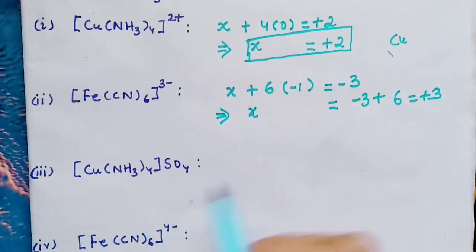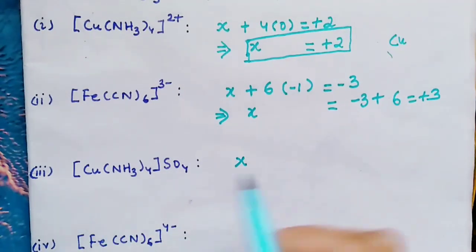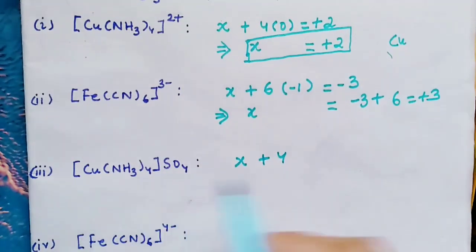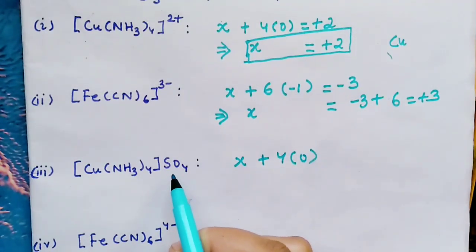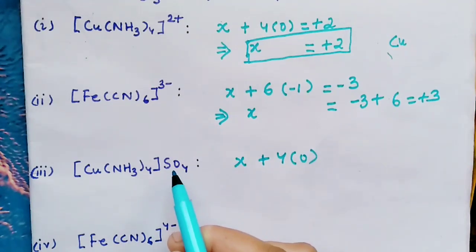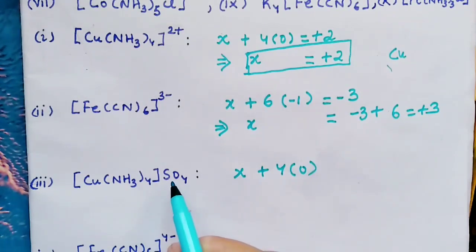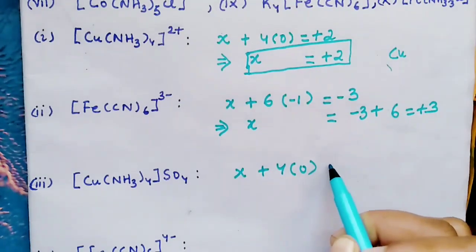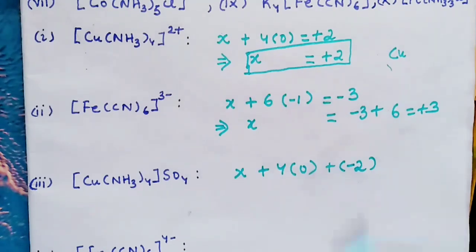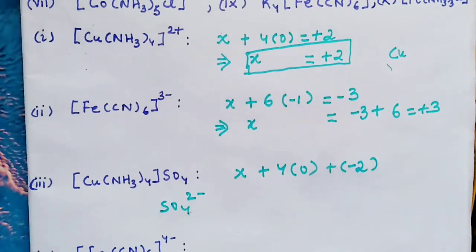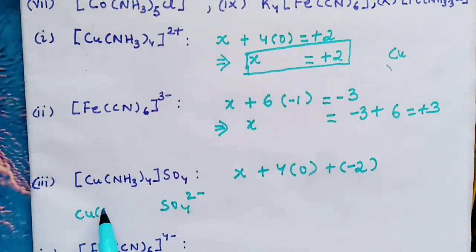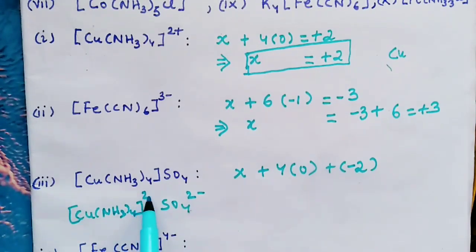We come to this one. Again, X plus 4 into 0. What about the charge carried by this counter ion, SO4 2 minus? It is minus 2 because it exists as SO4 2 minus, and for that one it would be NH3 4 2 plus.